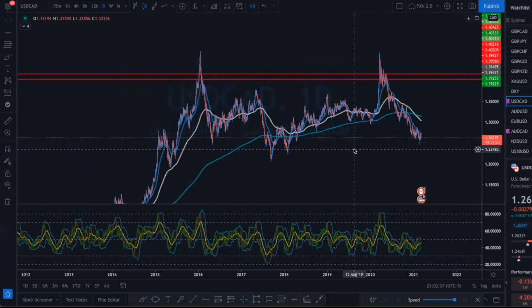They don't care about 15-minute charts. So higher time frame is what they use. They're looking at way bigger picture.